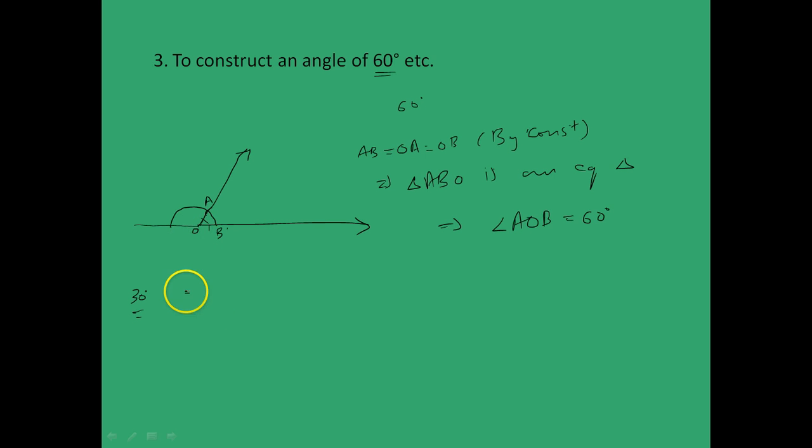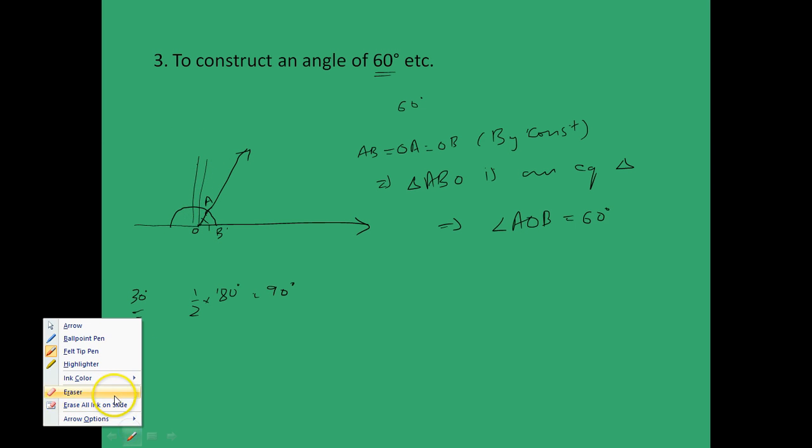Bisect this angle, and so therefore we'll get half of 180 degrees, which is 90 degrees. So 90 degrees can be done in a lot of ways. One of them is to draw a straight line and then the arc over it, and simply bisect the angle 180 degrees, and so you'll get 90 degrees.